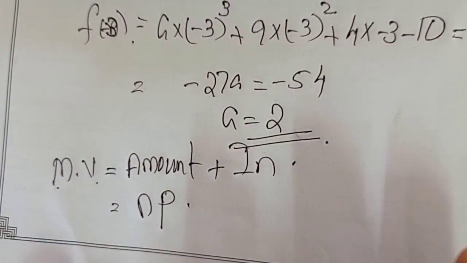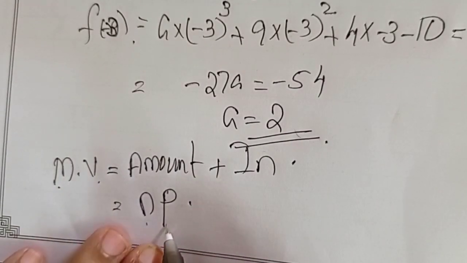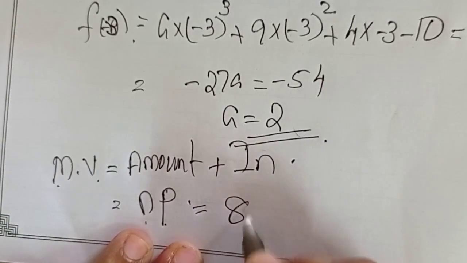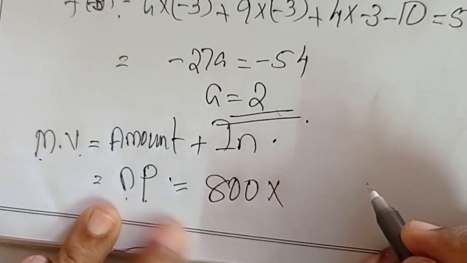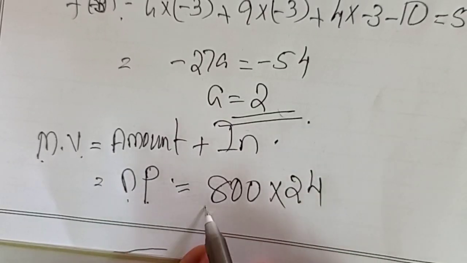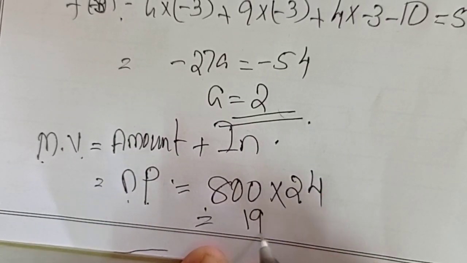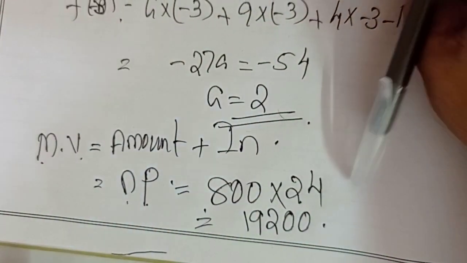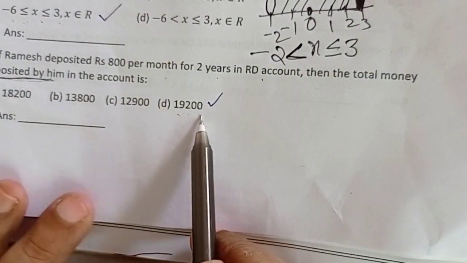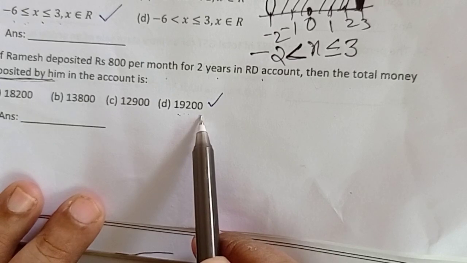Do not apply the whole formula. N into p is the amount which we deposited. He deposited 800 for 2 years. Here we convert 2 years into 24 months. 24 into 8, can you say? 192,000. Therefore, the correct option is 192,000. D is the correct option.